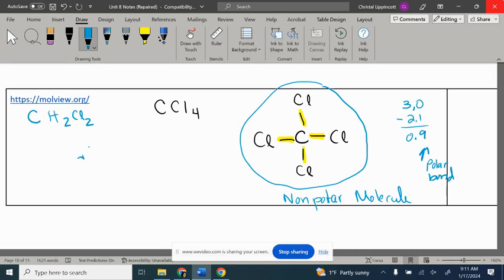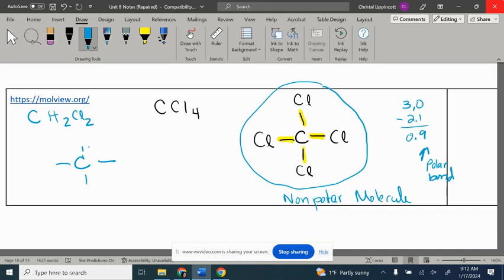If I draw this out, this appears to be symmetrical, yes? But if you think of this in terms of electron geometries, I'm going to redraw this. Think about how many electrons chlorine has.